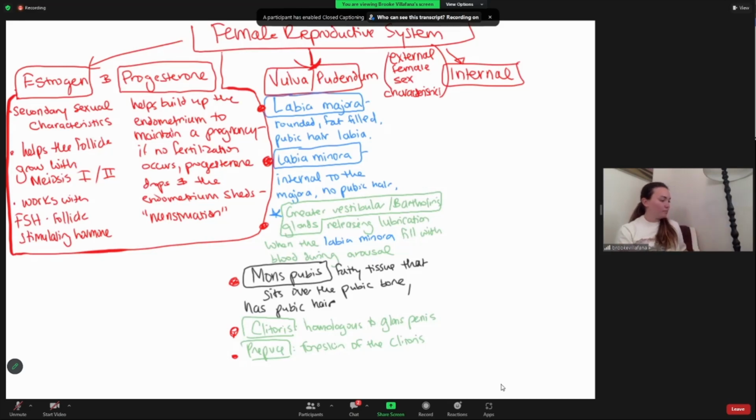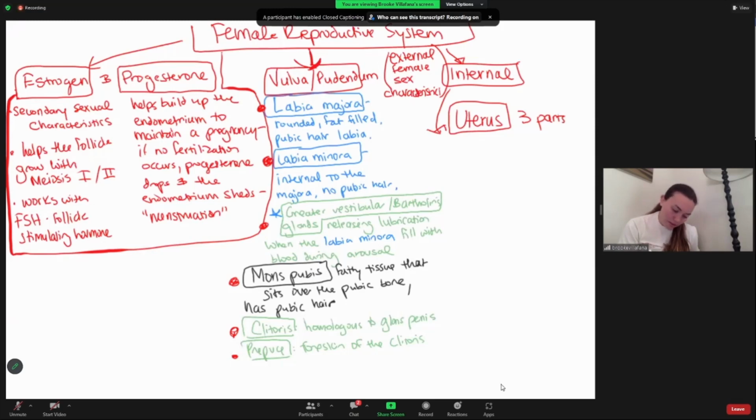Okay. All right, so now internally, what do we look at? We know that internally we have the uterus. This is where I'm probably going to run out of room here, but we'll see what we can fit. So the uterus is an internal structure, and the uterus has 3 parts.